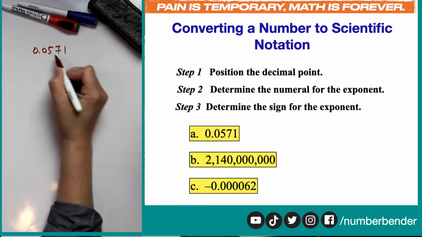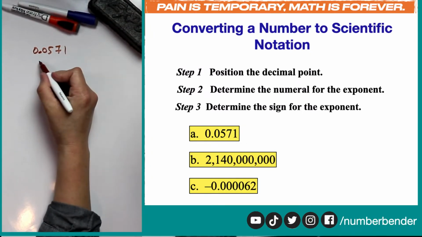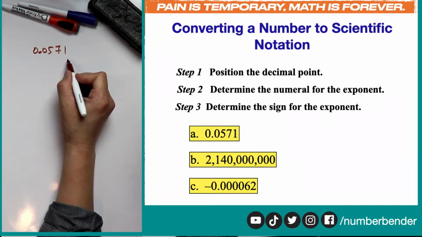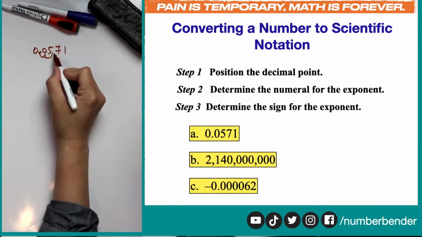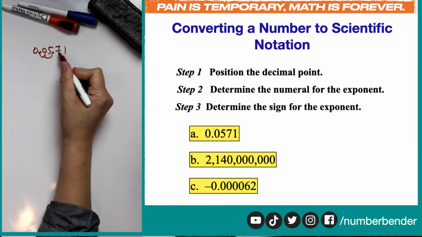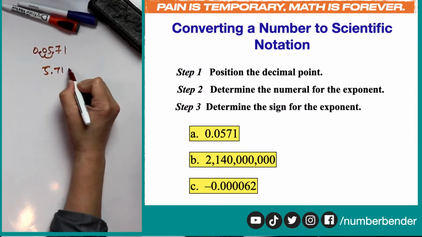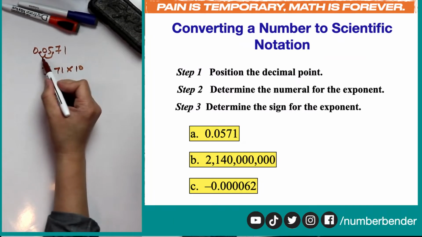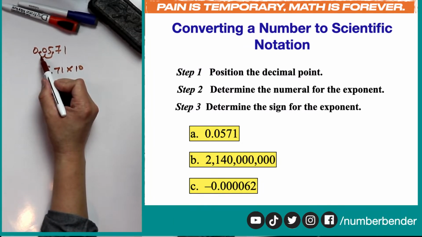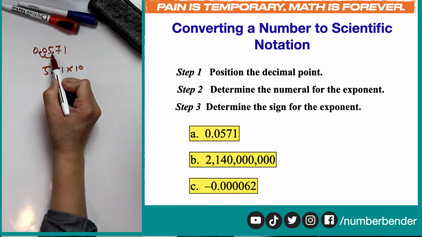We know this is a small number because it's less than 1, and we change it into scientific notation by moving the decimal point to the first non-zero number, which is 5. So we'll have 5.71, and we affix a power of 10 raised to how many times we moved the decimal point.